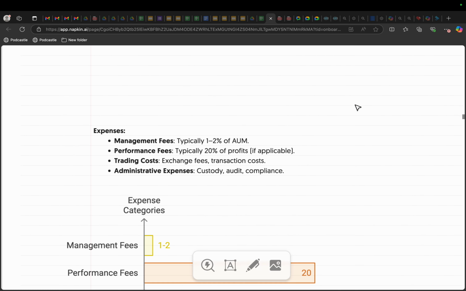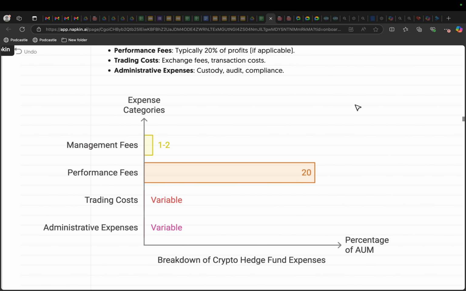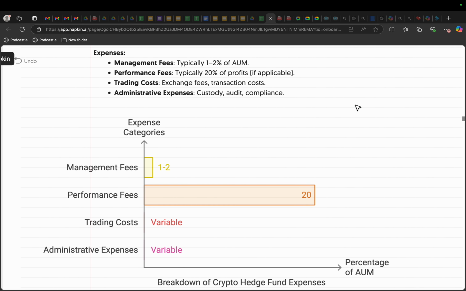Now if I talk about the debit side of your crypto fund, as you know, the debit side of the income statement would be the expense side. So expense or losses side. And if I talk about the expenses in a crypto hedge fund, we have expenses like management fees, performance fees, trading cost, administrative expenses. Trading and administrative cost come under variable expenses, which you can report out.